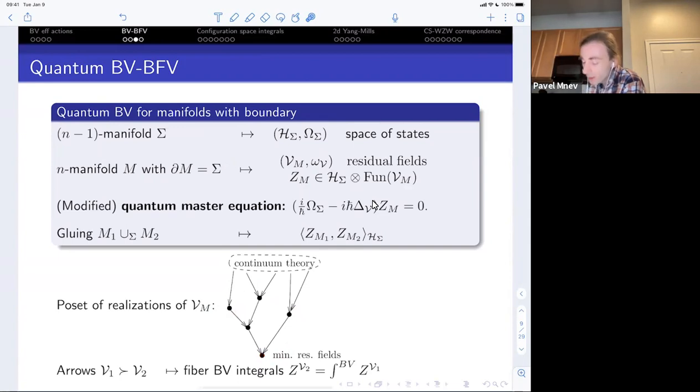There is a certain minimal realization and larger realizations. You can always jump from a larger to a smaller realization, each arrow here being a symplectic fibration, and you can always jump from a partition function for a larger space of residual fields to a smaller space of residual fields by integrating out redundant fields, by a fiber BV integral.